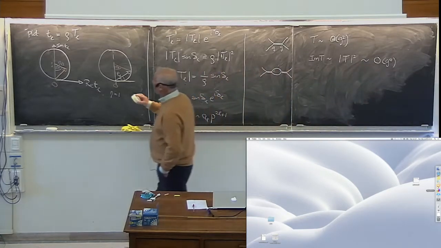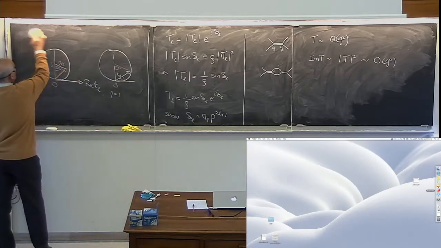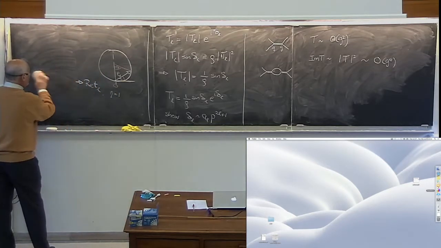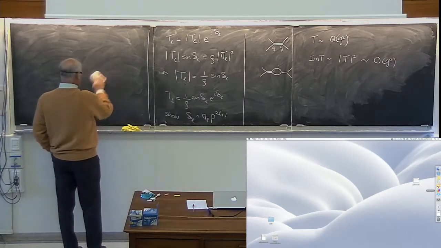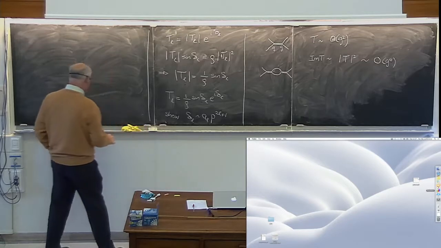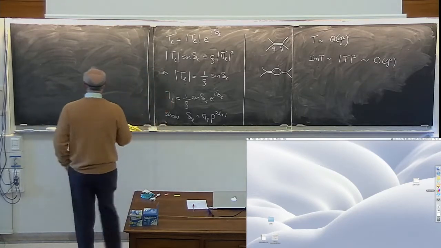So the next thing we need is, what are the consequences of this factor rho? It tells us something about the structure of amplitudes.